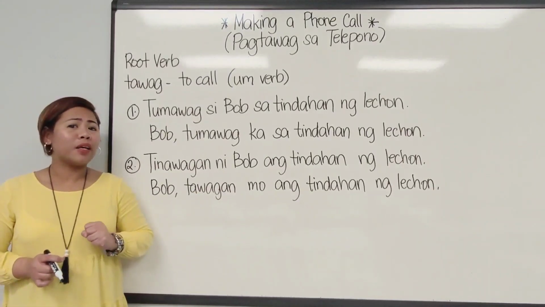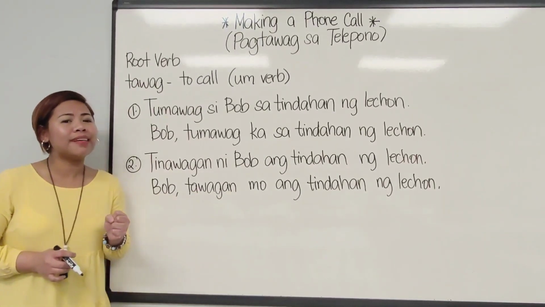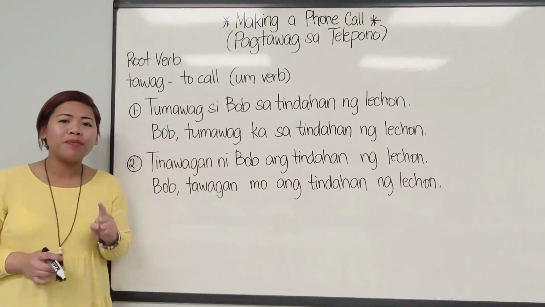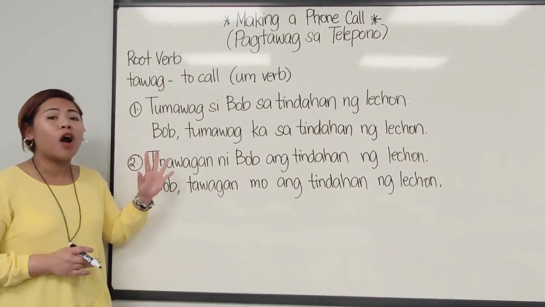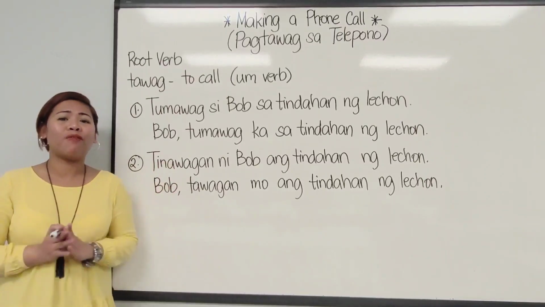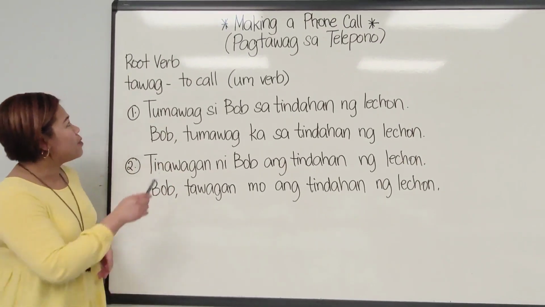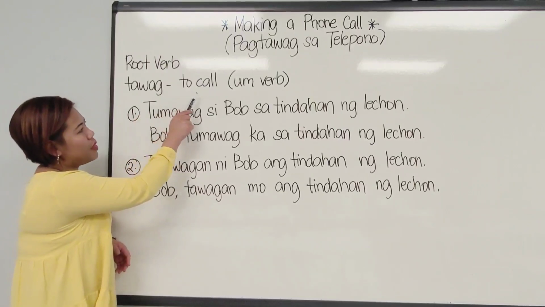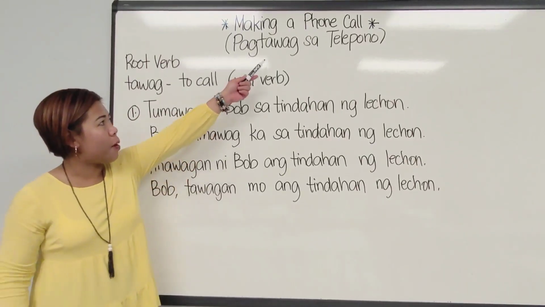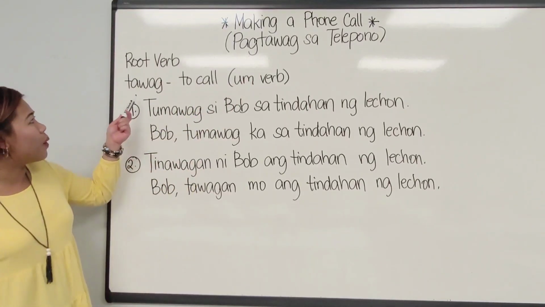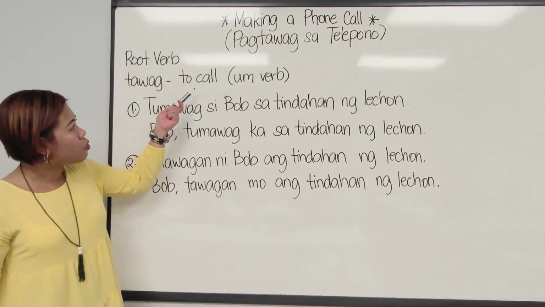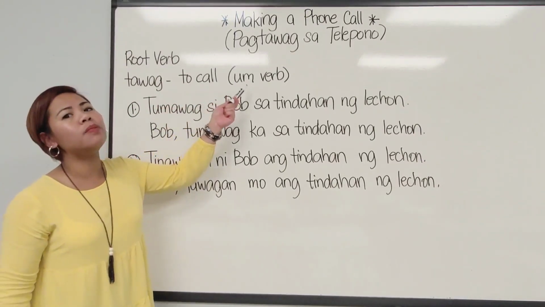Okay, so that it won't be so overwhelming, let us just take one verb today and then we are going to conjugate them in their different forms. The verb that we have today is tawag, meaning to call, because we are discussing about pagtawag sa telepono, right? So tawag means to call and it is an verb.